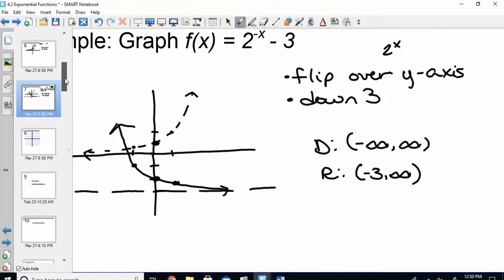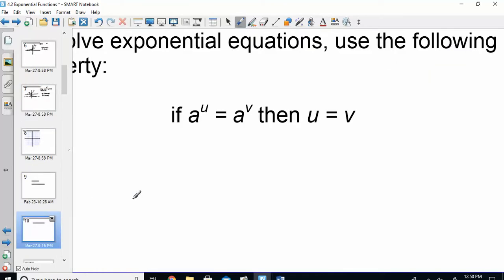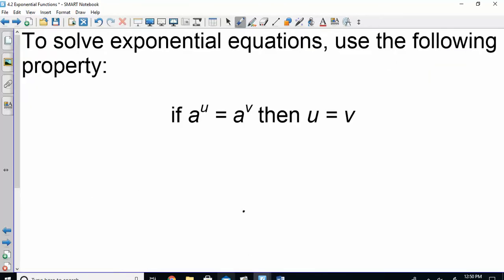All right. Let's go ahead and talk about this. I'm going to let you guys write this property down, then I'm going to talk about what it means. So we are going to start solving exponential equations. Today and tomorrow we'll be focusing on this.